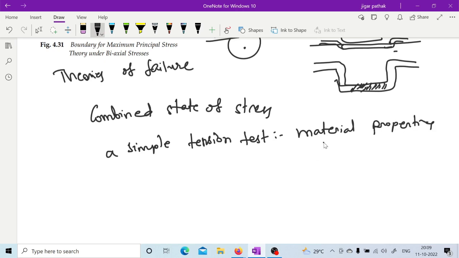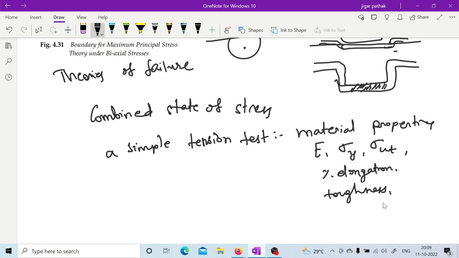Material properties like Young's modulus, then its yield strength, its ultimate strength, then percentage elongation, then toughness, resilience, and so on. We are going to calculate all these things from that simple tension test. So there is a difference between strength and stress, right?